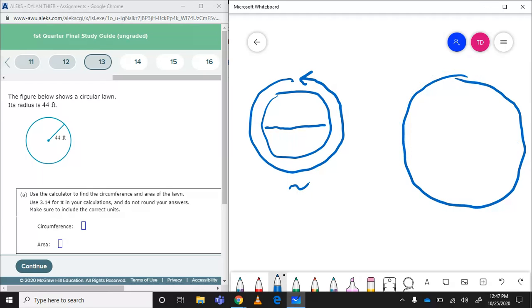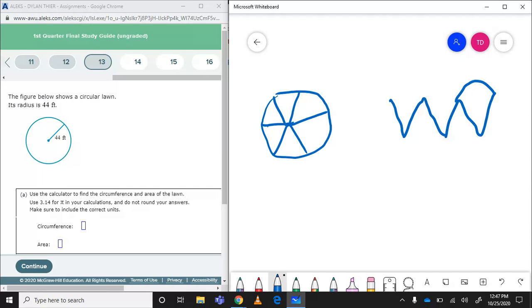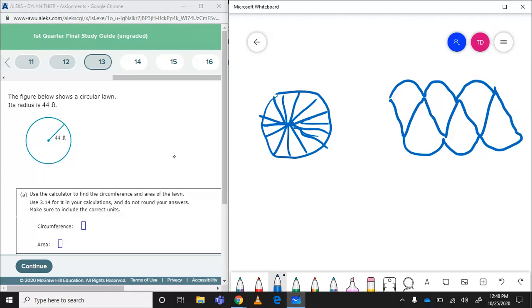Okay, area is a little bit more tricky. So one way that we show area of a circle is we'll kind of divide it into a series of little pie slices. And then we'll take those slices and we'll rearrange them like this. Now, the thinner we make those slices, the more that we cut them up, the smaller we make them, the smaller these little bumps on the top and bottom get.